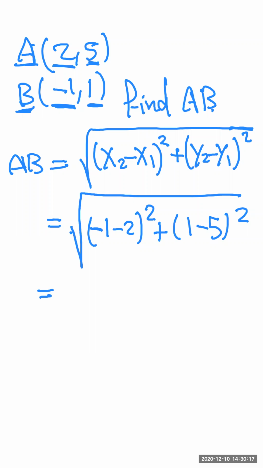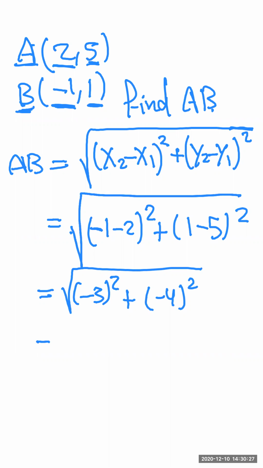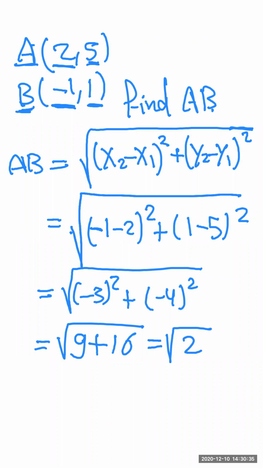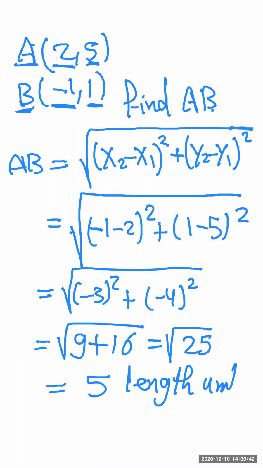So it will equal the square root of negative 3 squared plus negative 4 squared, which will equal the square root of 9 plus 16, which will equal the square root of 25. So it will equal 5 length units. Okay, guys, is it clear? Yes, Master. Okay, great.